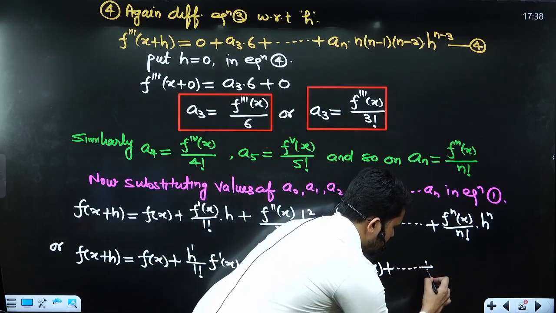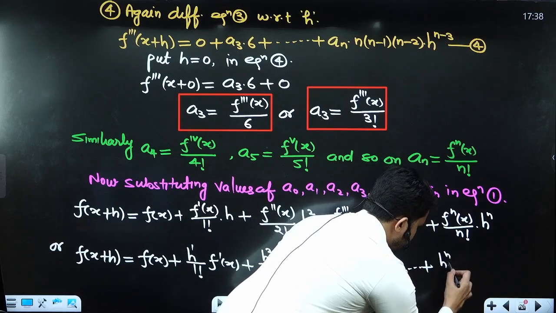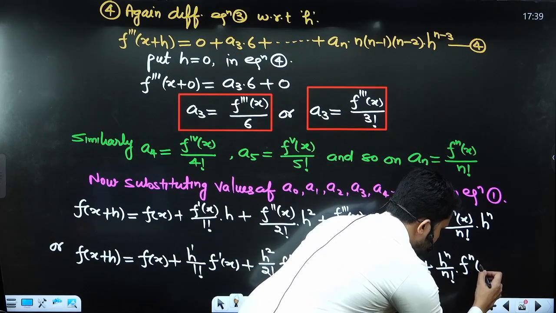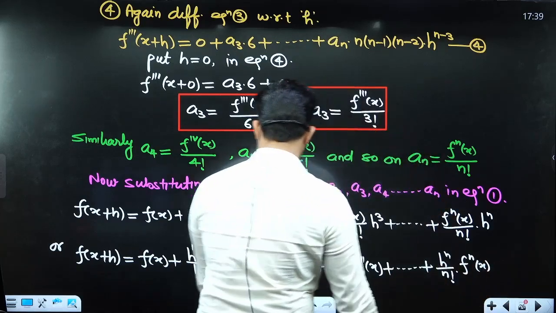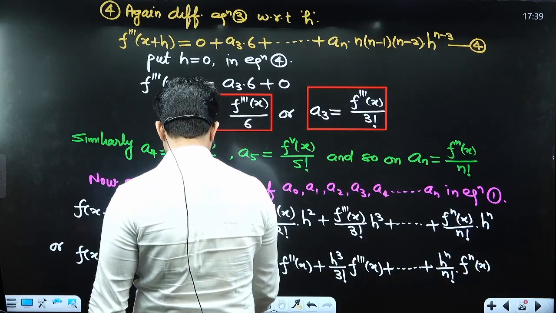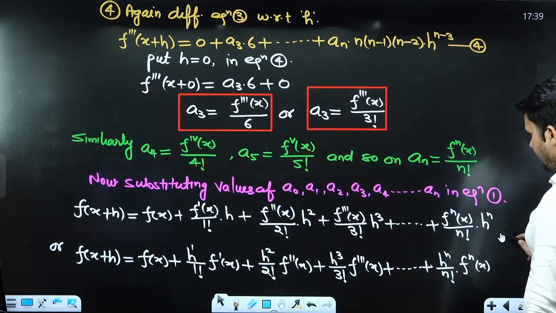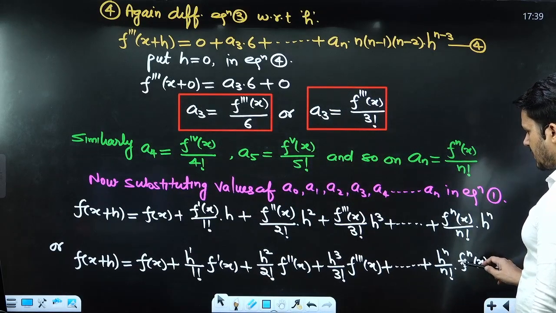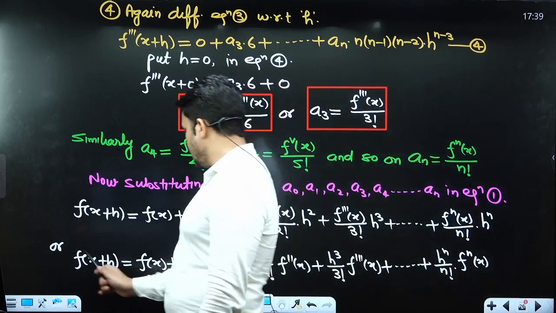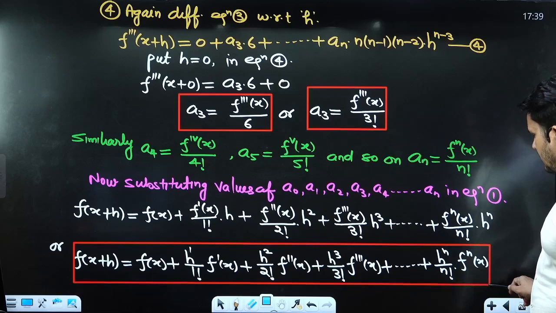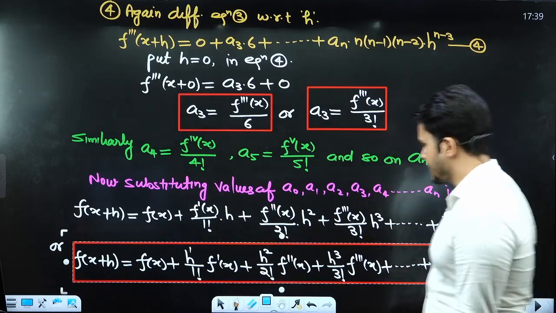And h to the power n upon n factorial into fn x. So this is the expansion of function in terms of h, किसकी terms में, h की terms में, and this is called Taylor's series.